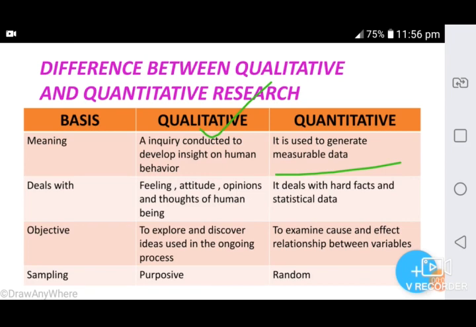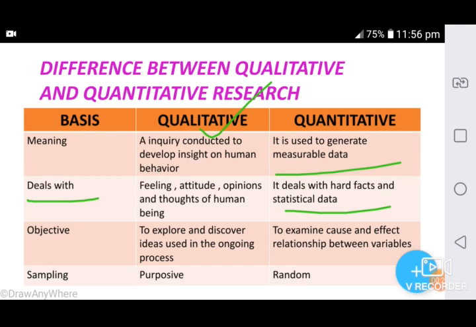The next one, qualitative research deals with feelings, attitudes, opinions, and thoughts of human beings to determine the reason behind that behavior. Quantitative research deals with hard facts and statistical data to draw inferences in numerical terms.